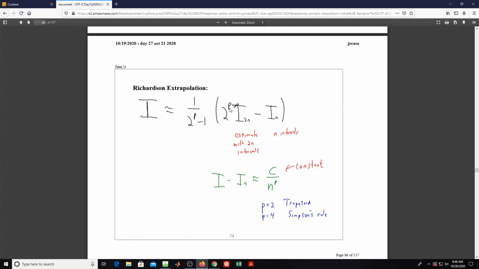Like if we had Boole's rule, which is O(h to the sixth), p would be 6 in that case. But this is the idea that we're going to use, because if I minus I_n is some constant over n to the p, like O(h squared) or O(h to the fourth), I'm going to weight this to get an even better answer.